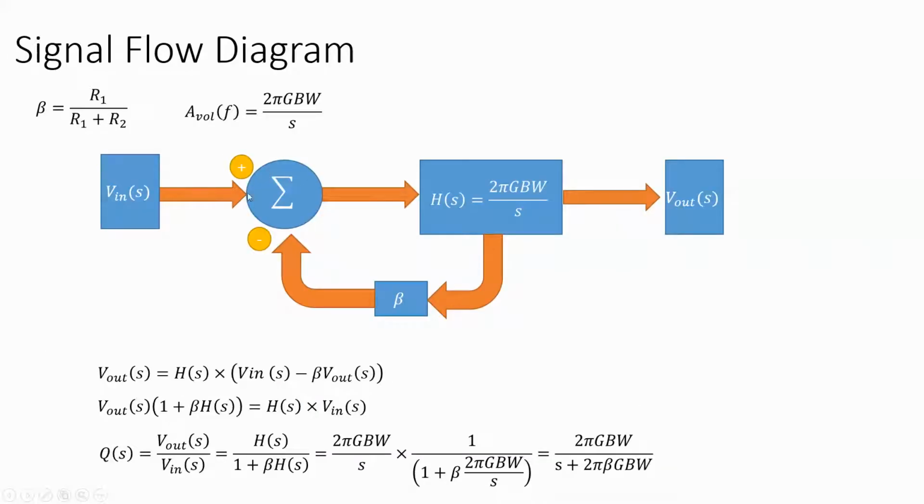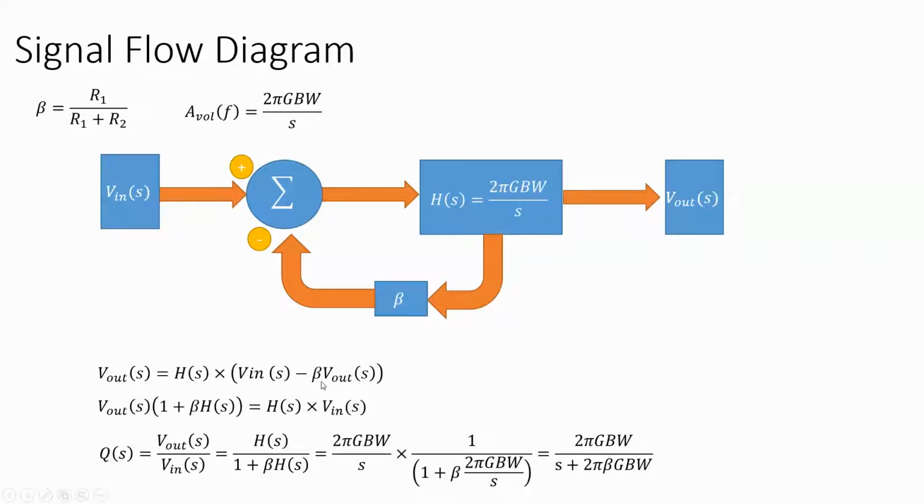So what is V out? Well, it's V in plus times the transfer function of the op amp, and then it goes straight out. The feedback is the transfer function of the op amp multiplied by beta and then subtracted, and beta is the voltage division. I have other notes on that. Well, then we just write it out.